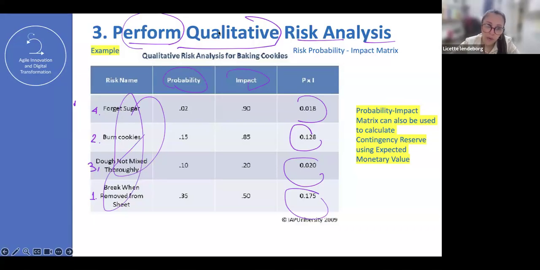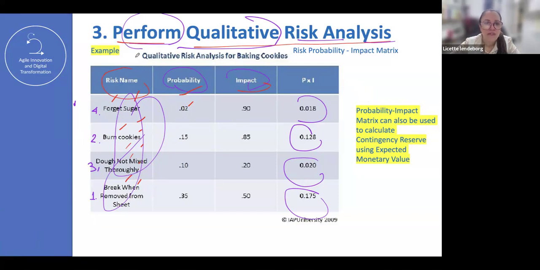Okay, before the break, we were talking about process number 3 in risk management, perform qualitative risk analysis. You identify the risk events and provide for each one the risk name, the probability, and the impact.